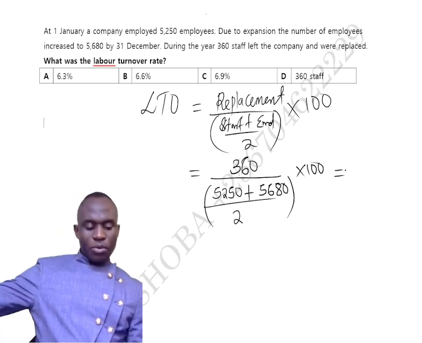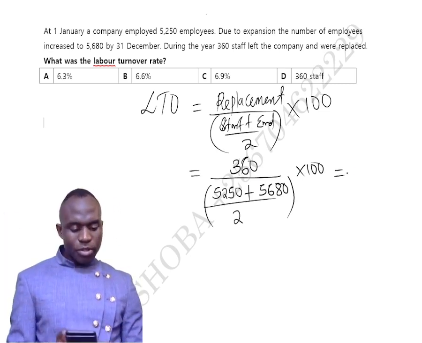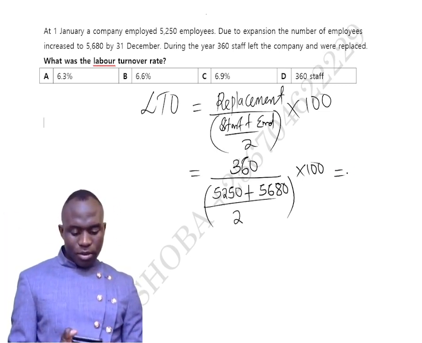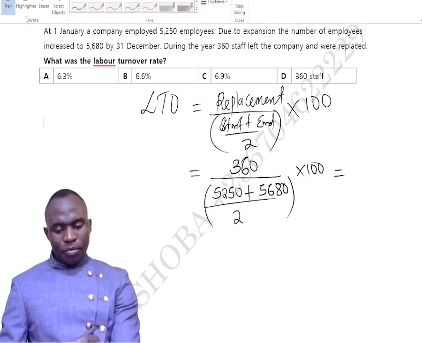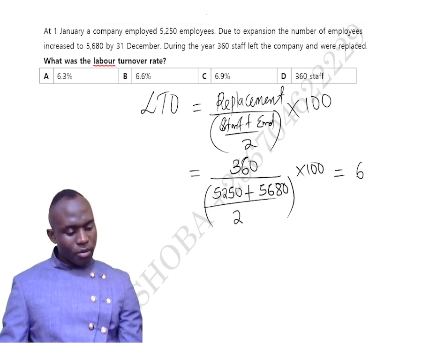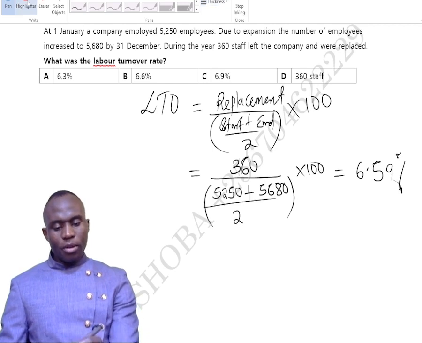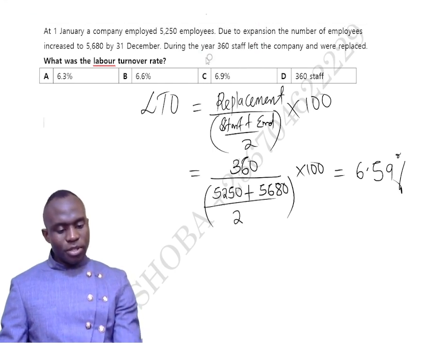If we work it out, it is 360 divided by bracket 5250 plus 5680 divided by 2, close the bracket, times 100. The answer we get is 6.59%. So the correct answer would be B, which is 6.66.